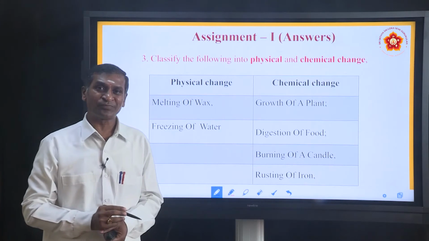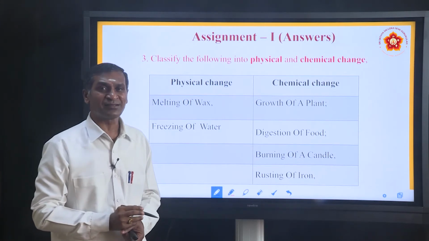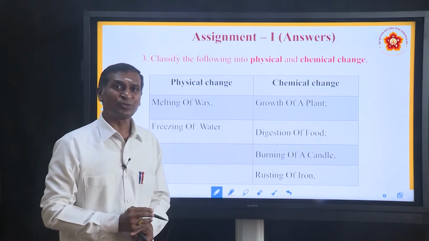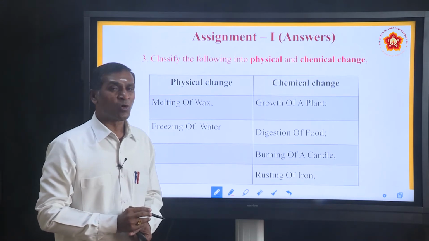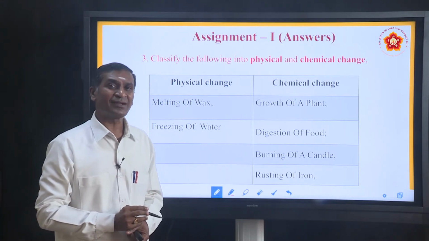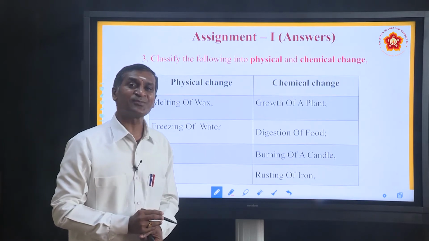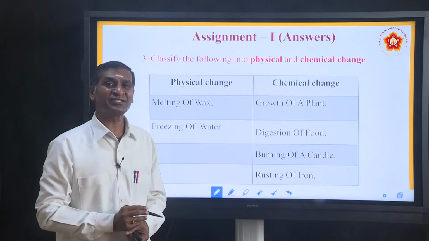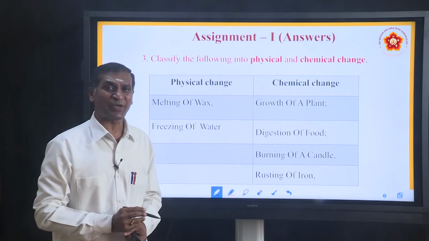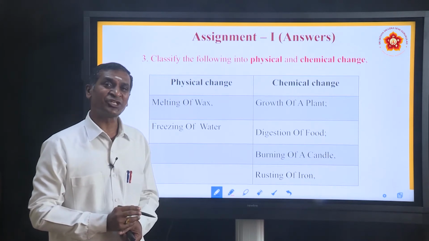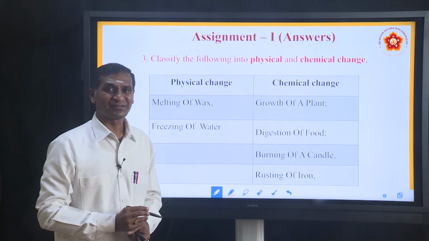Rusting of iron: iron, which is a hard metal, due to moisture and air, becomes rusted. The rusted iron becomes very smooth, easy to break. So, the original iron is very strong.